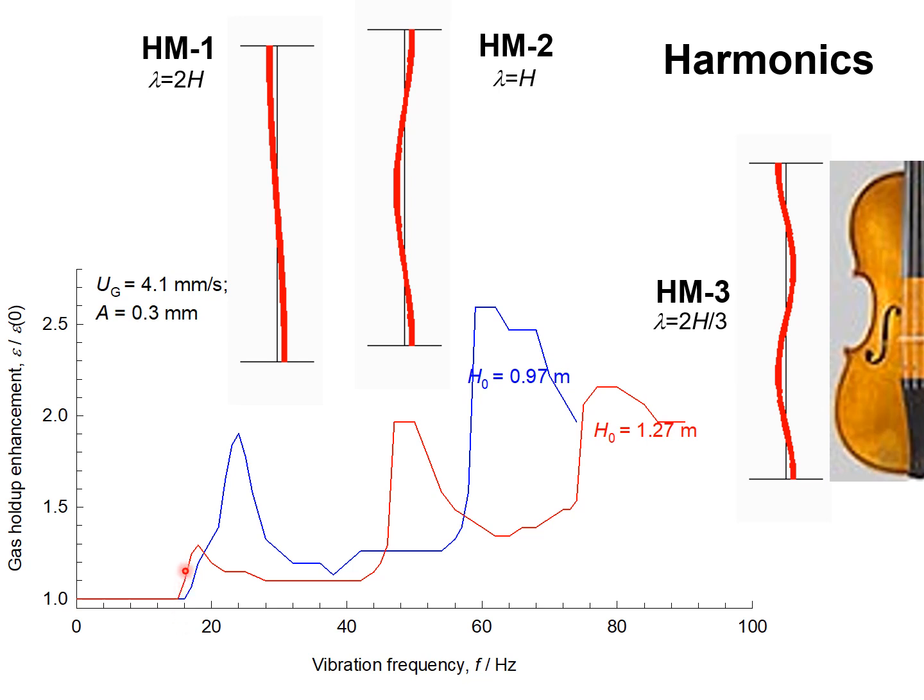Again, we see that there is a maximum in the gas holdup at a frequency a little lower than 20 hertz, and then the enhancement is practically unity. And then at a frequency of 50 hertz, we can see a maximum. And then the enhancement is reduced. And at a frequency of 80 hertz, we see a gas holdup enhancement of 2.2.